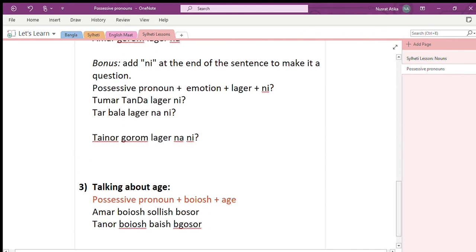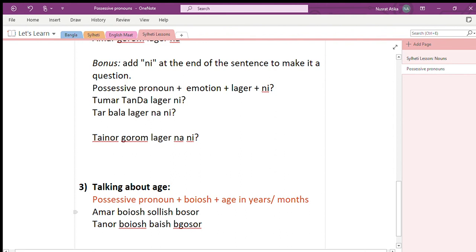Let's jump to the third and most common use, talking about age. We use possessive pronouns when talking about age. So possessive pronouns, and then the term boyosh means age, your literal age, like the years, age in years or months.